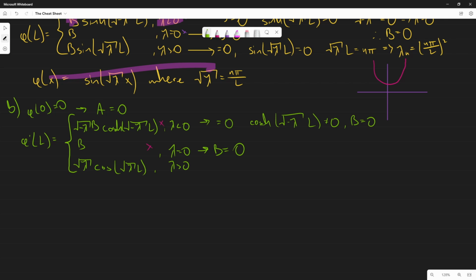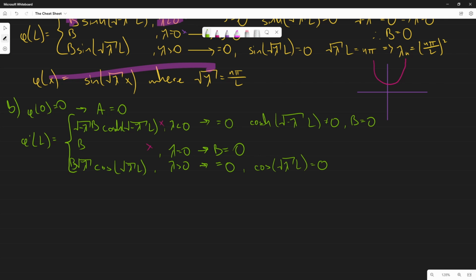Now our last one, so the same thing happened with part A. Our last one, it's our only hope. We have to have a non-trivial solution. So for this to be equal to 0, we want b times cosine of the square root of lambda times L to be equal to 0.